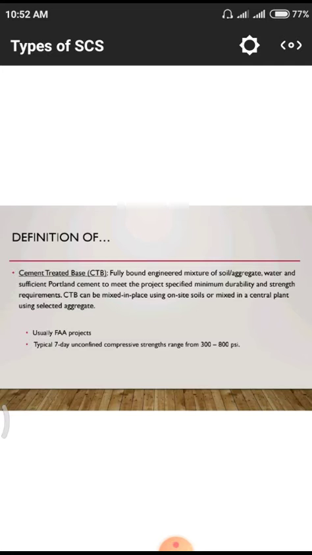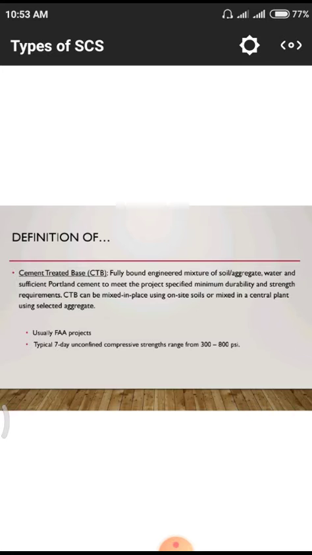This cement treated base can be mixed in place using on-site soils or mixed in a central plant using selected aggregates. Usually, in FAA projects, the typical 7 day confined compressive strength ranges from 360 to 800 pascals. This is the total information about this cement treated base.